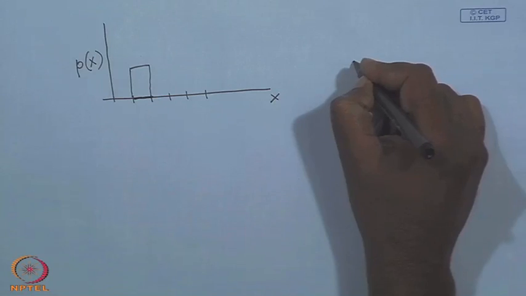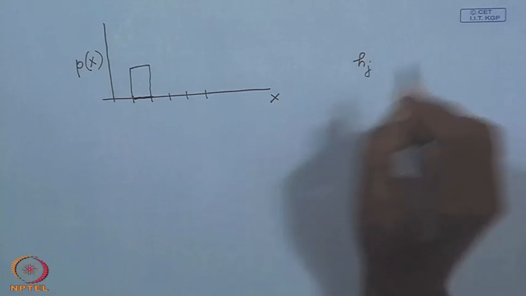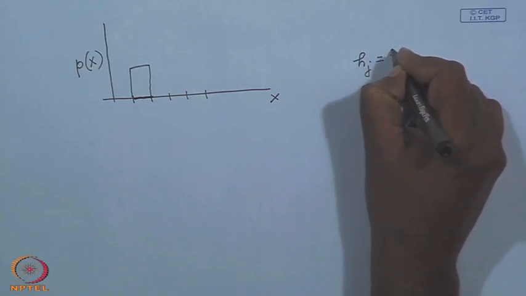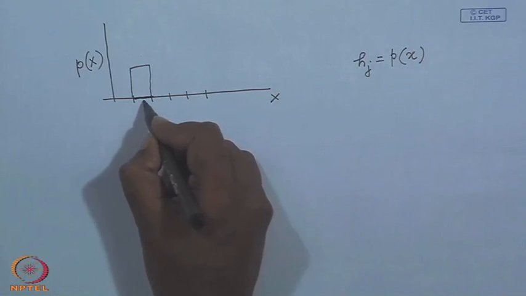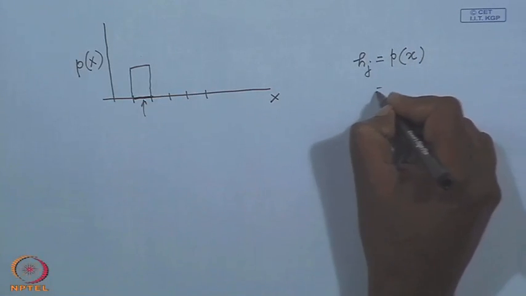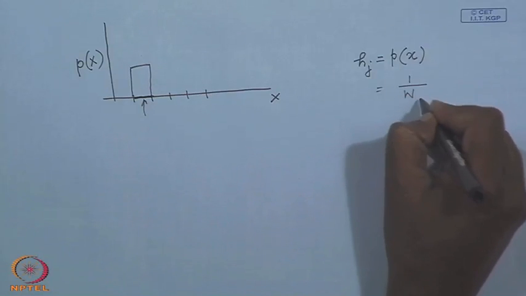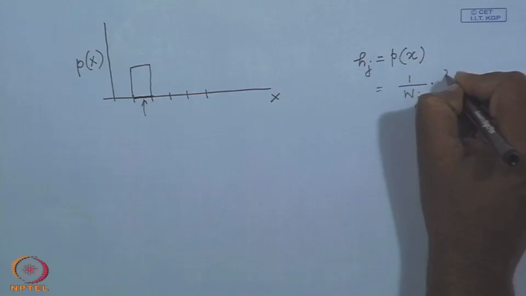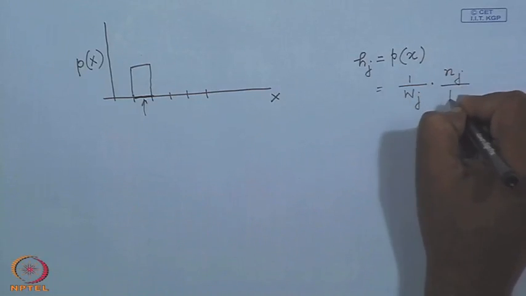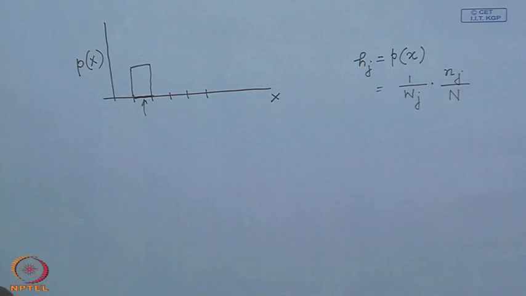So, this h j for the jth bin, which is nothing but p of x, where x lies within this jth bin, is given by 1 upon w j, where w j is the width of the jth bin, times n j by capital N, where n j is the number of training samples which falls under the jth bin, and capital N is the total number of training samples.